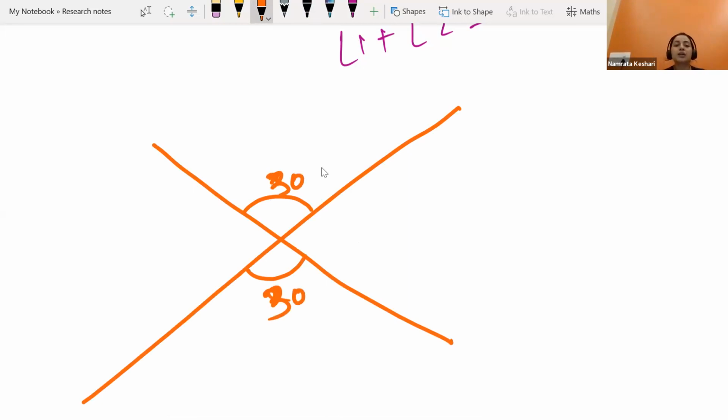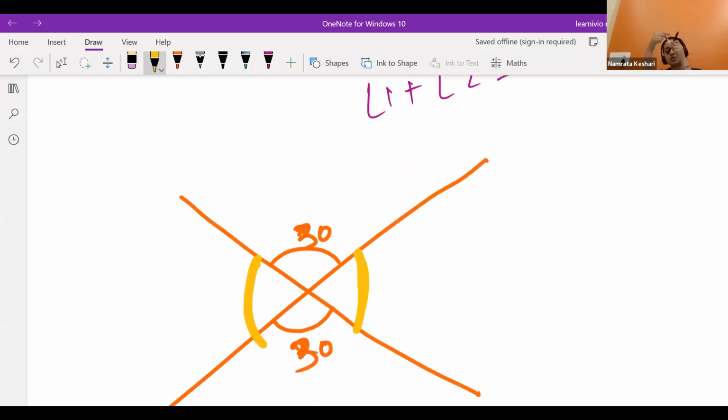Similarly, this angle and this angle are a pair of vertically opposite angles, and these two will be equal with each other. We call them vertically opposite angles because they are just vertically opposite to each other.